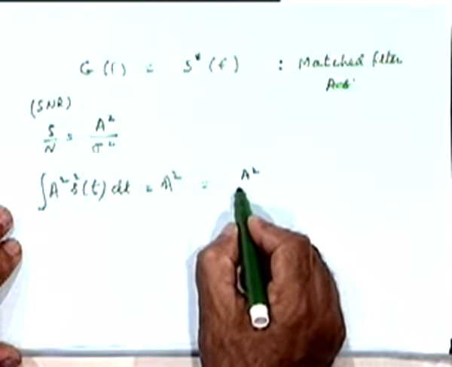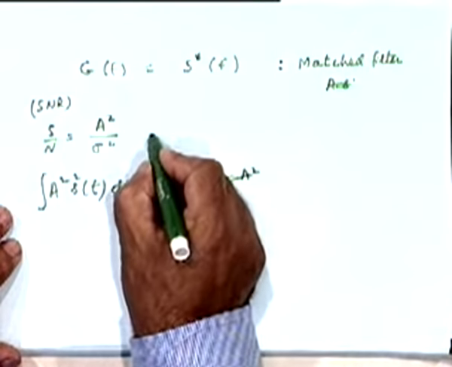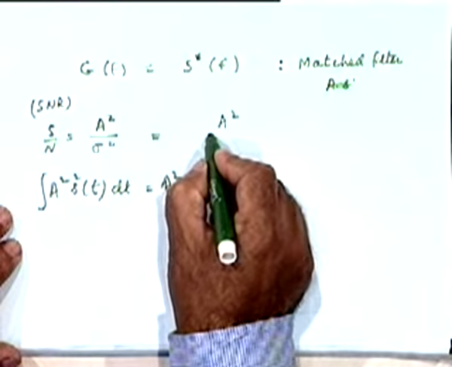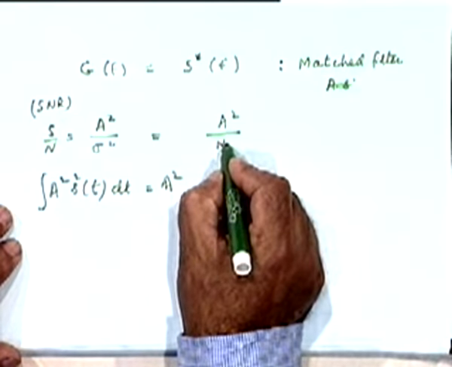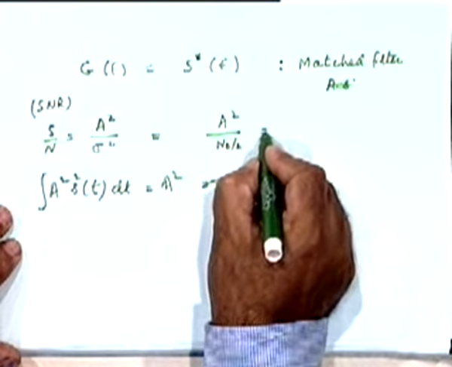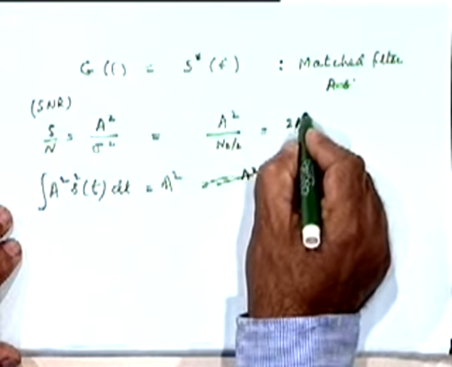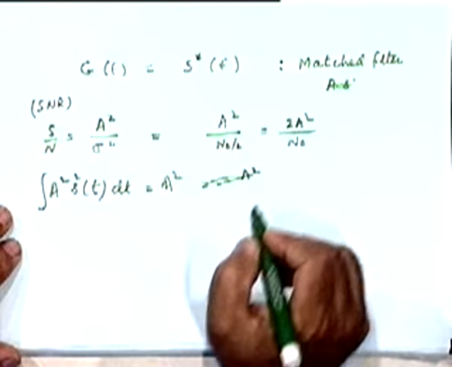That will be simply A square by N0 by 2, right? Or 2A square by N0.